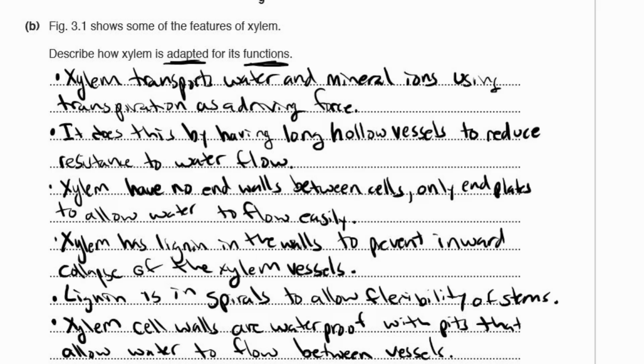You could also talk about secondary thickening in the cell walls, allowing the xylem to act as structural support for the plant. All right, but here we have 6 points, and the key with this question is you're linking adaptations with functions. So you're trying to link, when you're trying to say that there's a function and it's how it's adapted for that function. Okay, good.